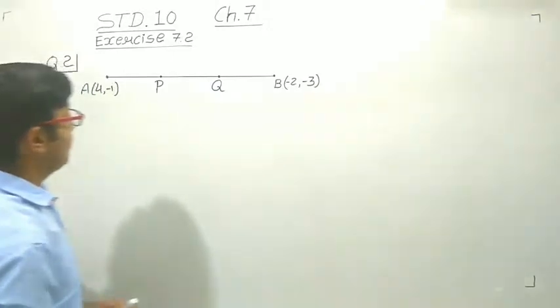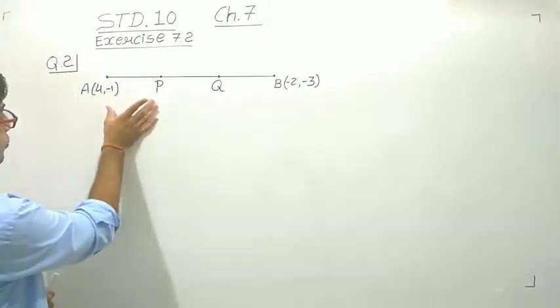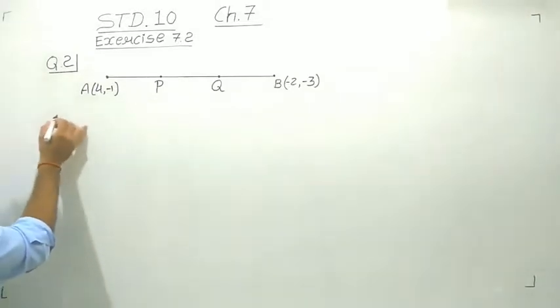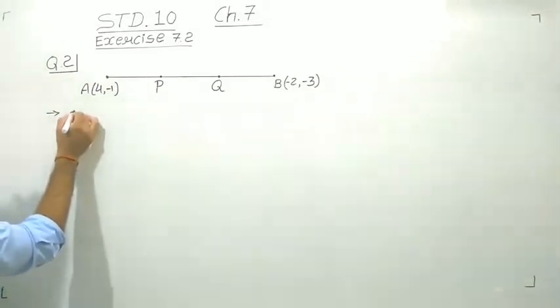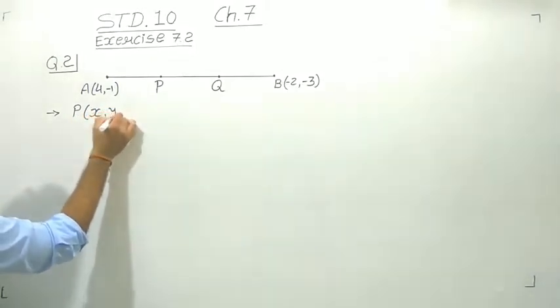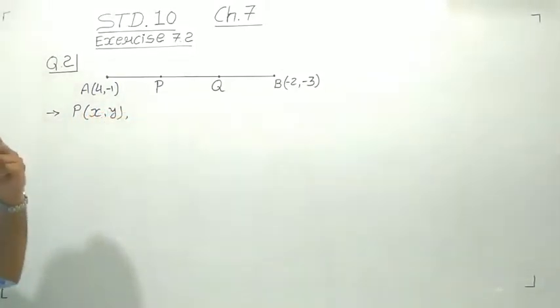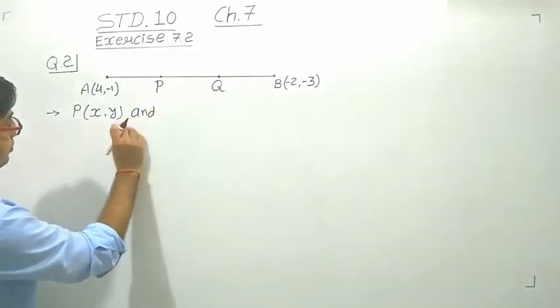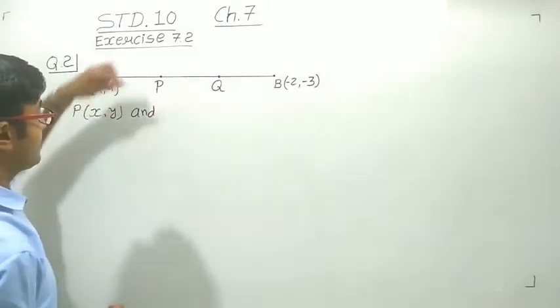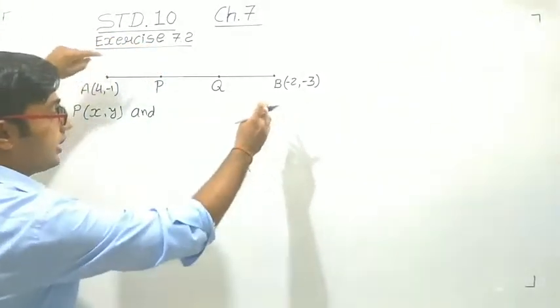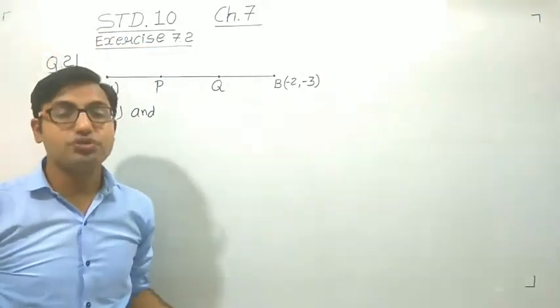First of all, to find the coordinates of point P, let's suppose the coordinates of P are (x, y). And what will be the ratio? Think of a situation where P divides the line segment AB, but the ratio is not given.